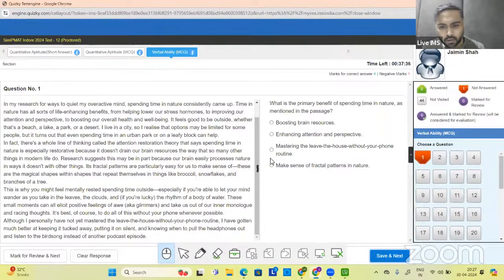Mastering the leave the house without your phone routine. ठीक है. Make sense of fractal pattern in nature. Primary benefit of spending time in nature. ये मैंने कहाँ पढ़ा था फर्स्ट पैराग्राफ था राइट.